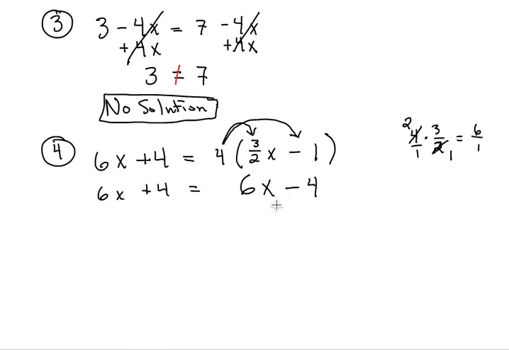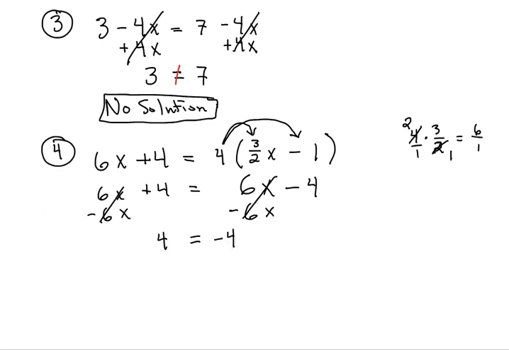It's either no solutions or infinite solutions, but I'm going to keep on solving and subtract 6x from both sides. That zeroes out and that zeroes out. So 0 plus 4 is 4. Bring down my equals right in the middle, and 0 plus a negative 4 is a negative 4.